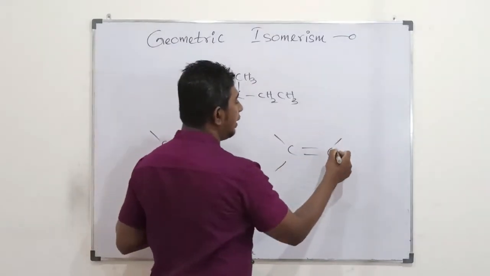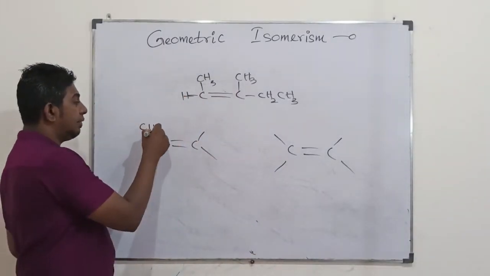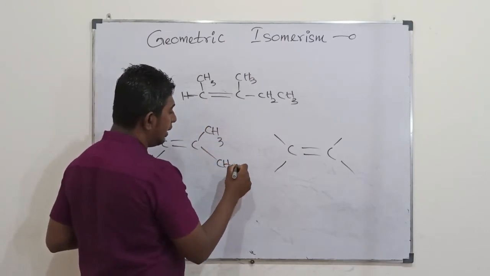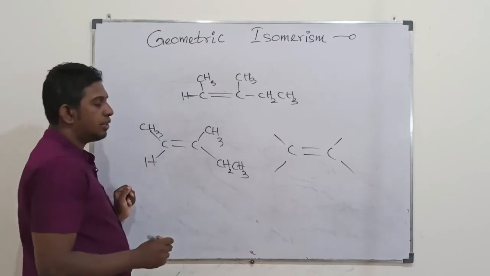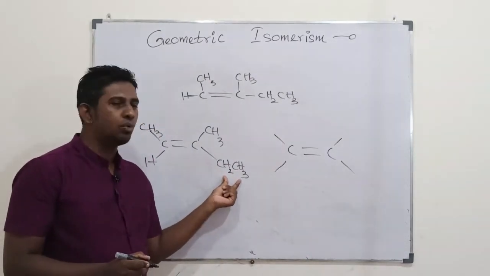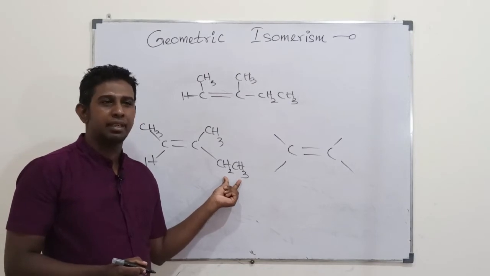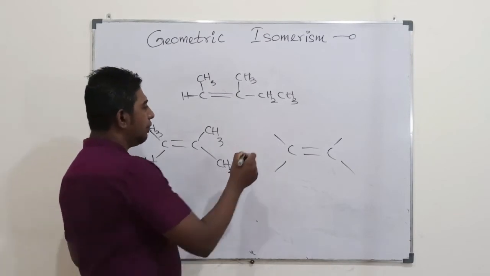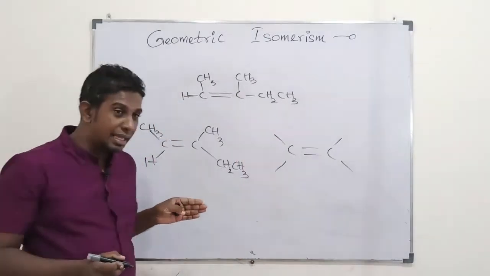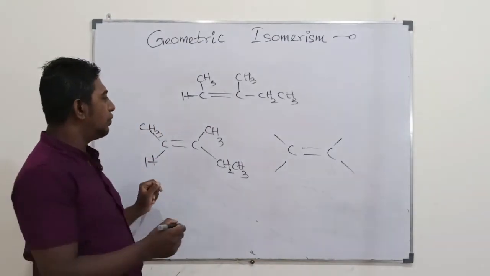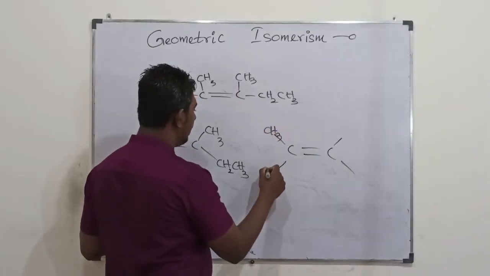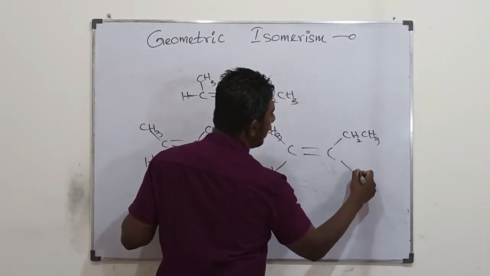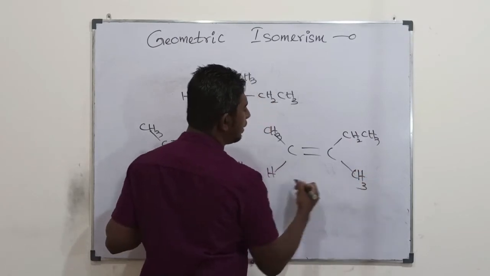So students, let's take methyl and hydrogen, methyl and ethyl. It's okay if you denote this by C2H5. But after ethyl, propyl, butyl, pentyl, you shouldn't do that. Then you need to give them as the normal carbon chain. So it's still methyl, hydrogen, and now ethyl here CH2CH3, and it's methyl, CH3.